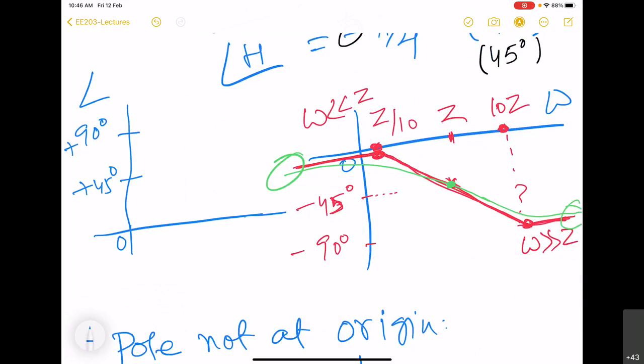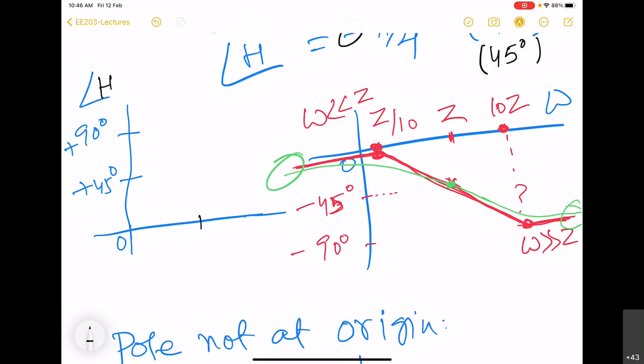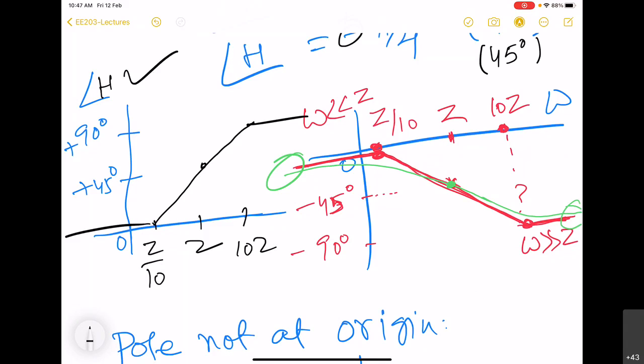And this time the phase plot is going to be like this, starting from z by 10 to 10z, passing through 45 degree like this. So whether the pole is at positive frequency or negative frequency, that information can be extracted only by looking at the phase plot, not at the magnitude plot.